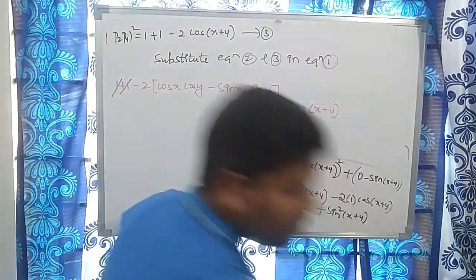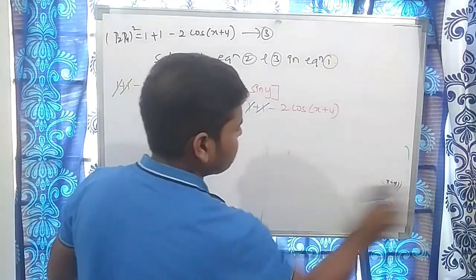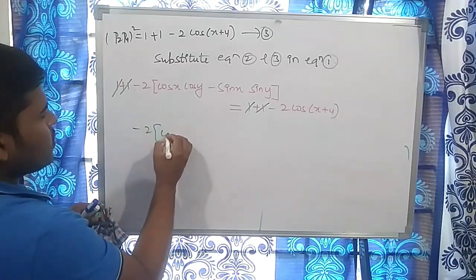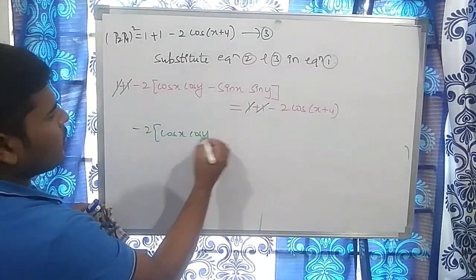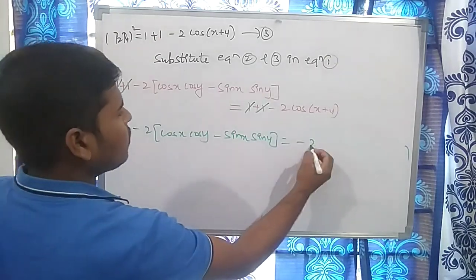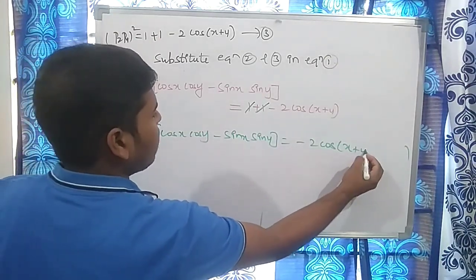Last step: minus 2 times cos x cos y minus sin x sin y is equal to minus 2 cos of x plus y.